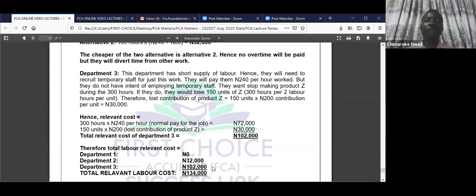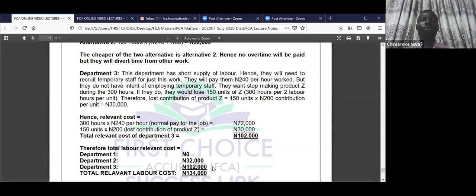That will mean that you add your material cost and your labor costs, and you will get your total relevant costs. Now, the main thing for doing relevant costs is to know the minimum costs that you can incur, or in fact, to know the minimum price that you can price your contract.